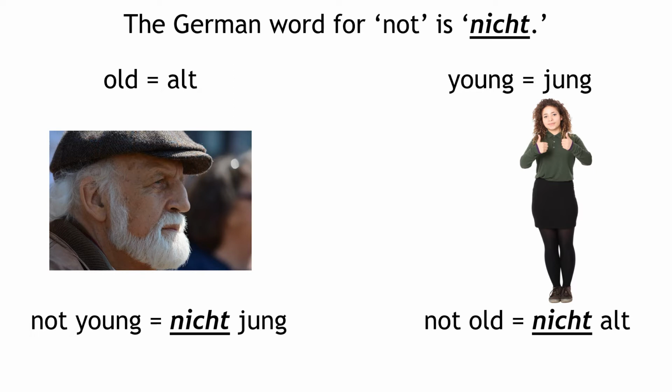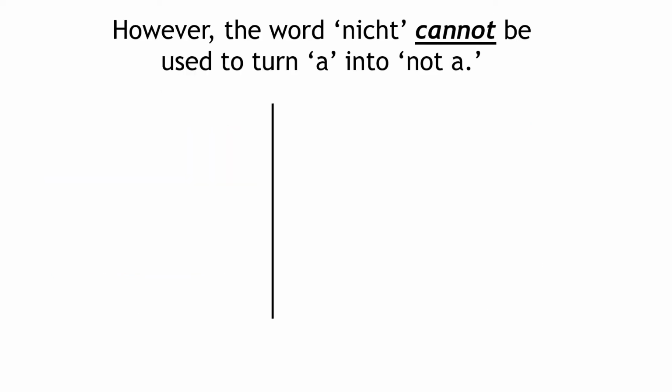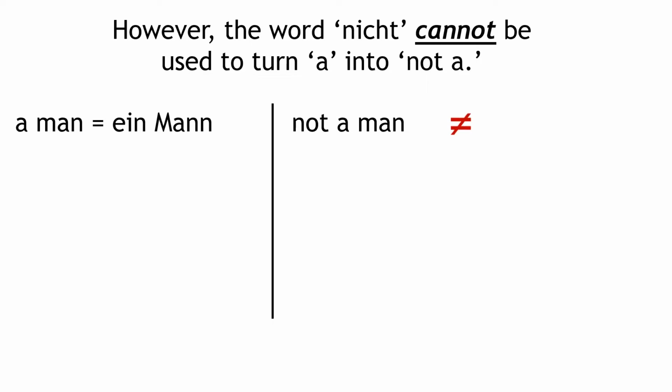However, the word nicht cannot be used to turn a into not a. A man in German is ein Mann, but not a man cannot be expressed in German as nicht ein Mann. That is a mistake.